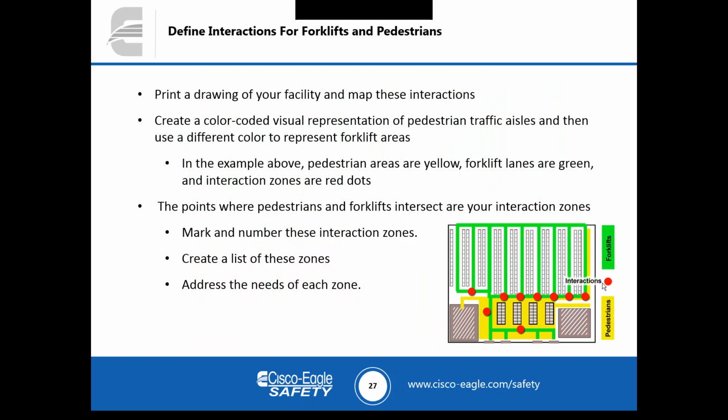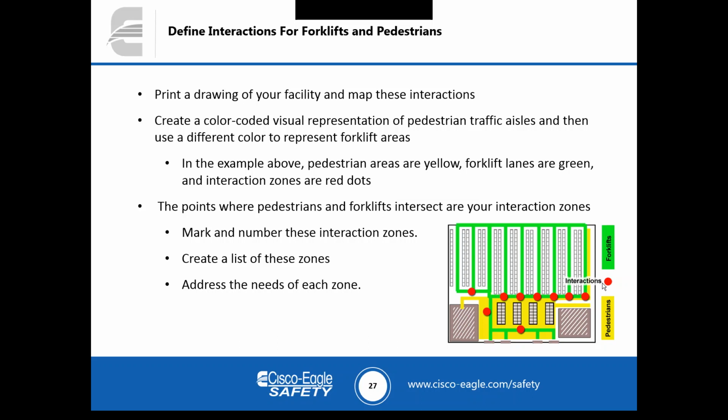For you to define these zones in your facility, such as we showed on the previous slide and on the smaller image here, you'll want to do the following. First, you'll want to print a drawing of your facility to correctly map the area.